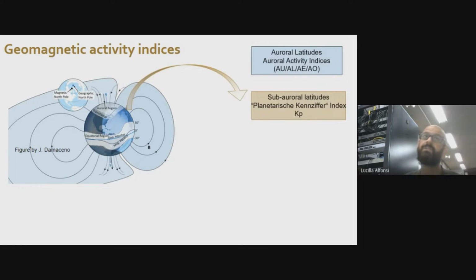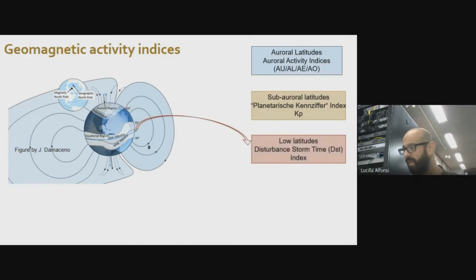At mid-latitude, so subauroral latitude, we have the Kp index, a global index giving us the possibility to quantify the modification of the horizontal component of the magnetic field at mid-latitude at a global level, induced by the geomagnetic storm. And the third one is related to the low-latitude ionosphere and to the modification of the ring currents there, induced by the interaction of the solar wind with the magnetosphere. That is the Dst index.